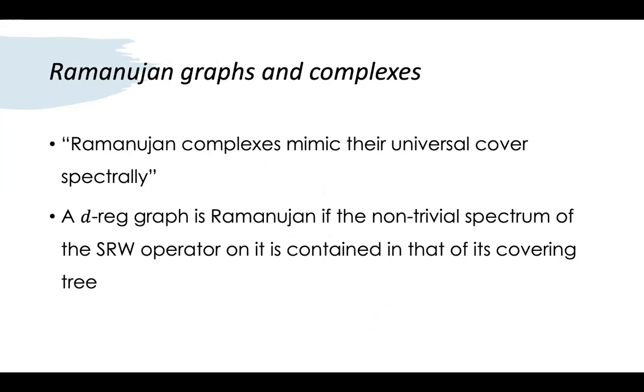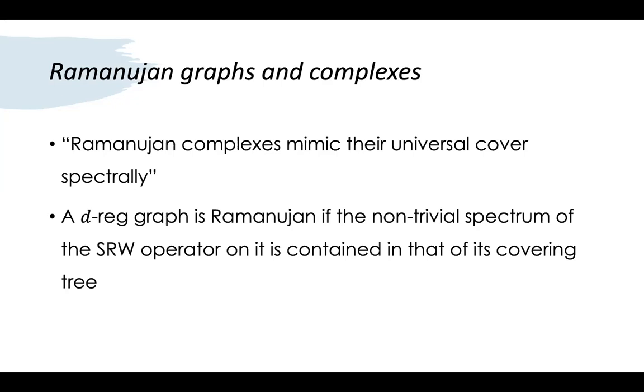You should think of a Ramanujan complex, where a graph is just a specific example, as a quotient of the building that mimics the building spectrally. So the eigenvalues of interesting operators on this finite simplicial complex behave in the same way as on the building.